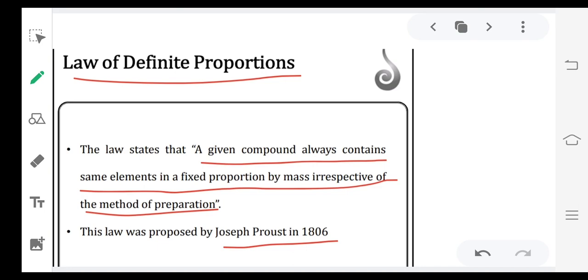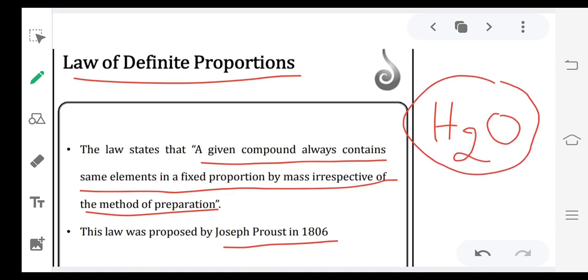According to this law, a given compound, suppose you take water. We have different sources for water. Water will come from bore wells, from lakes or rivers. Collect different samples of water from different sources and analyze the composition of that water.